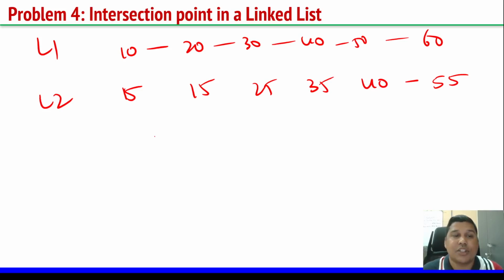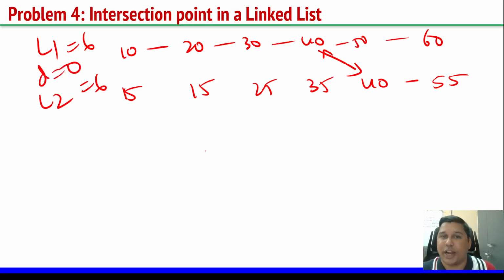So the lists are meeting at this 40, right? What you have to do is iterate any one list first. You will calculate the length of both, and find out the difference. This is 6, this is 6. The difference is 0, that's also fine.